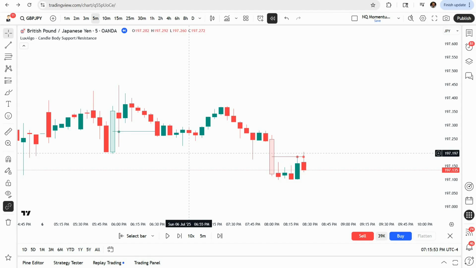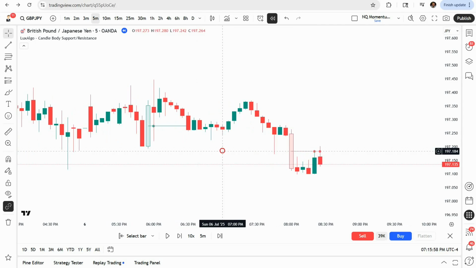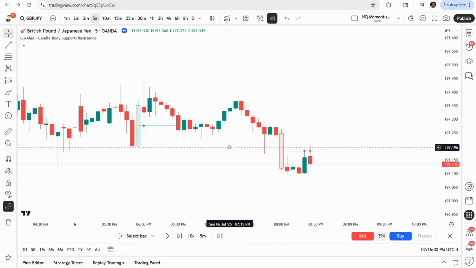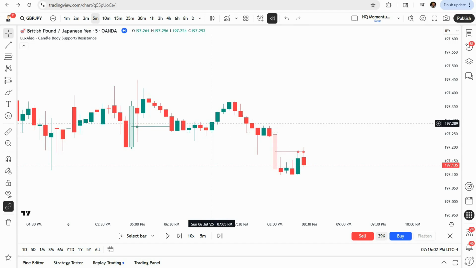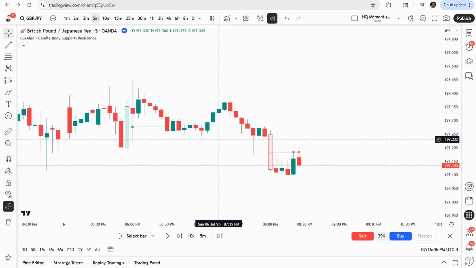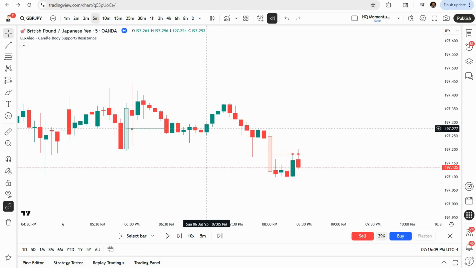And so I can give you a quick explanation of a fair value gap. A fair value gap happens with a 3-candle pattern. So when you have the first candle, second candle, third candle, what you're looking for is a gap in between the first and the third candle.